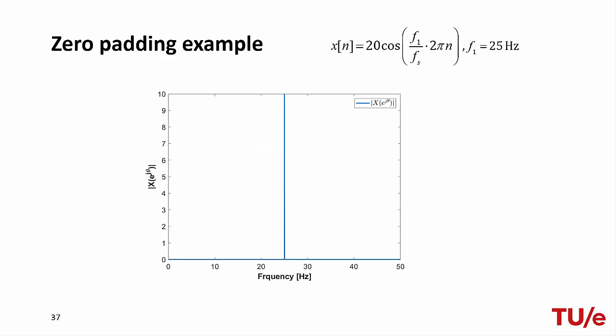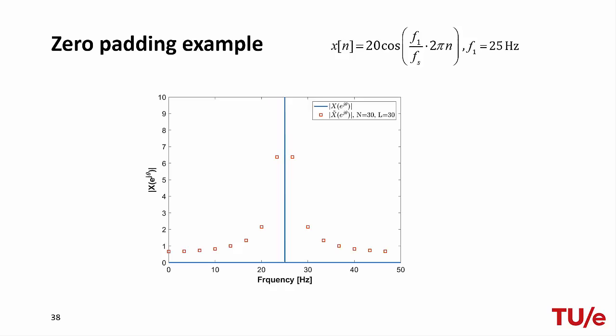If, for example, we have a signal represented by a cosine wave with frequency 25 Hz, its true spectrum, shown here in blue, is a delta pulse at 25 Hz. However, suppose we have only 30 samples of this cosine signal. Then if we calculate the N-point DFT, we obtain a discrete spectrum calculated at 30 frequency bins, which is here shown by the red squares.